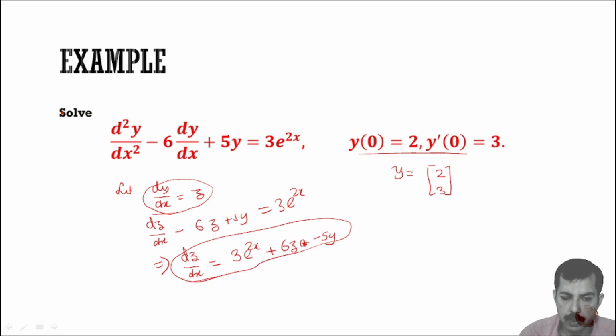If this one is a column vector, then the variables y and z, we have to pass these two variables in an array. I'll show you.